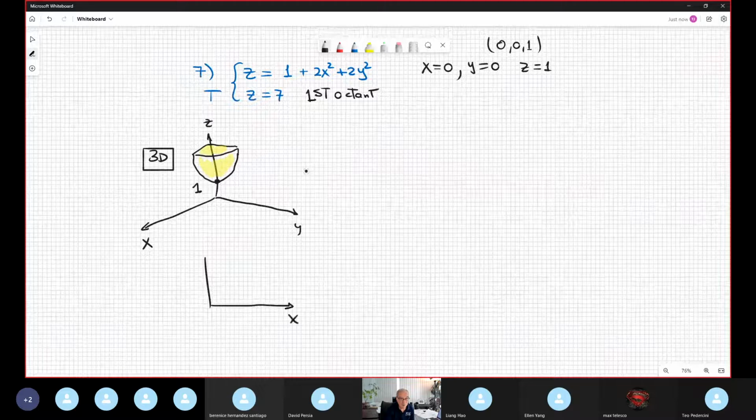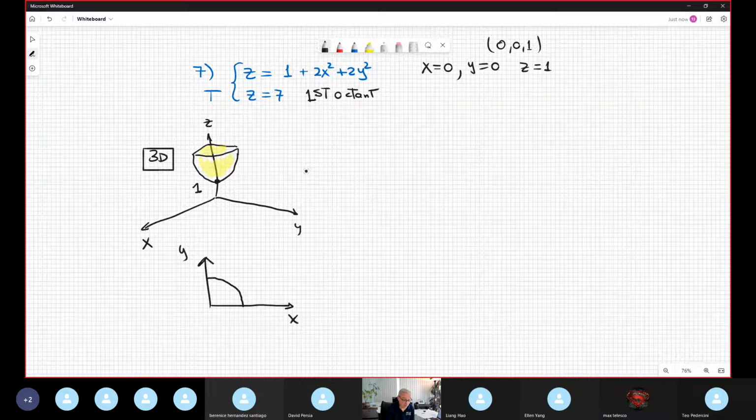It's in the first octant. Here I have a quarter of a circle, no? And by the way, I have no idea what the radius is. But at least, using my imagination, we have that region.